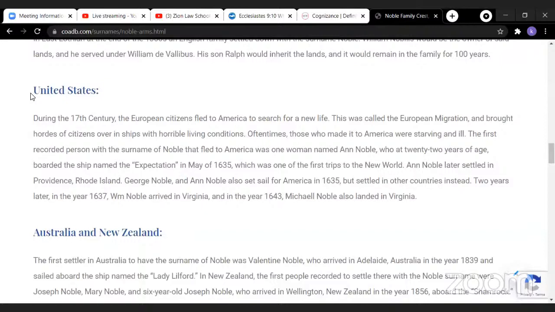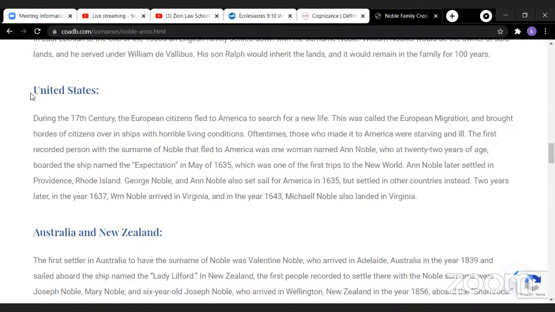In the United States, during the 17th century, the European citizens fled to America to search for a new life. This was called the European migration and brought herds of citizens over in ships with horrible living conditions. Oftentimes, those who made it to America were starving and ill.